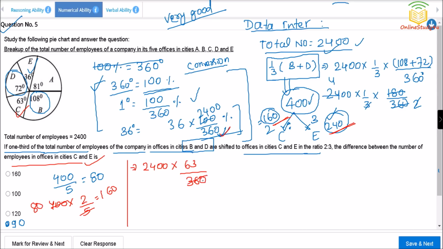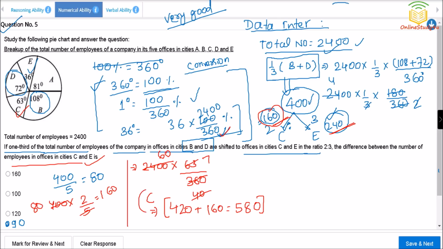Now 9 4 ja and 9 7 ja, and 40 will divide this by 6, and one more 0. So this will be 420. So now in C, 420 employees were there, and from B and D how many have moved? 160. So total employees will become 580, right?